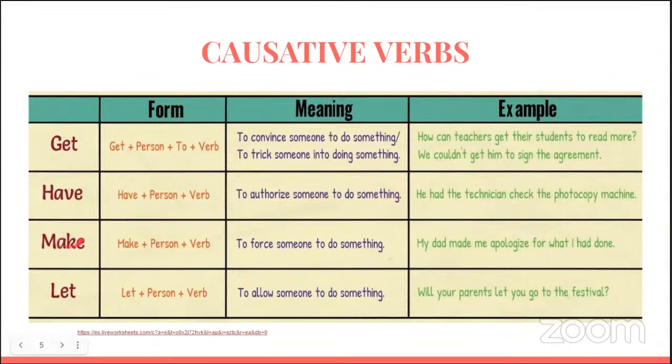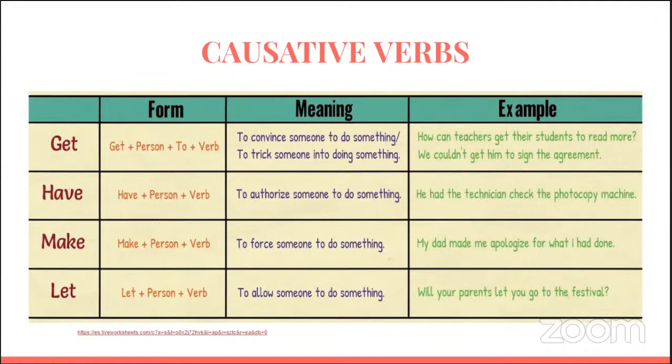And make is going to be followed again by a person and by a verb. And the meaning is to force someone to do something. Here: My dad made me apologize for what I did.